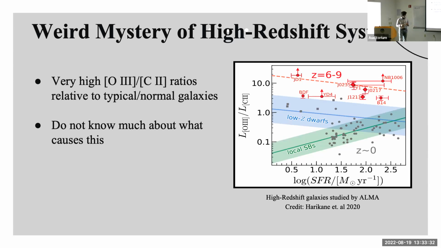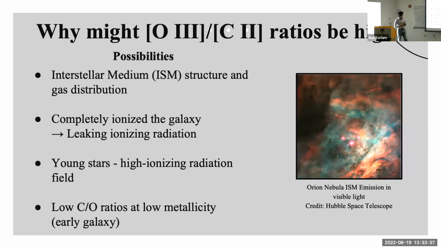We do not know much about why this is happening and what is causing this, but we have a few speculations into what might cause the high ratios of O3 over C2 in those high redshift systems. The first possibility is the interstellar medium structure, which is ISM structure, and the gas distribution. Over here is an image of the Orion Nebula, a high star forming region which is pretty local.